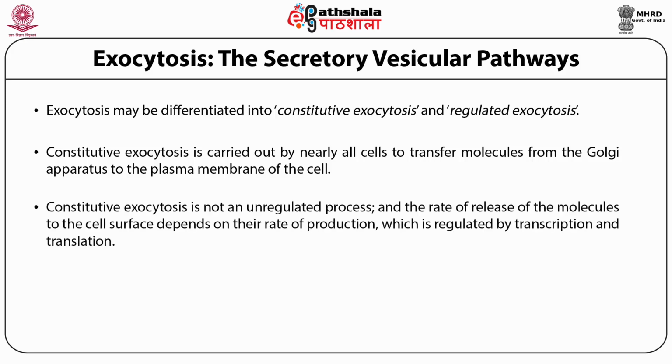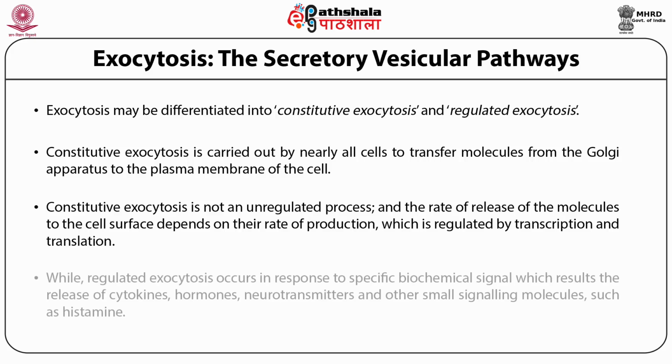Constitutive exocytosis is not an unregulated process, and the rate of release of the molecules to the cell surface depends upon their rate of production, which is basically regulated by transcription and translation processes, while regulated exocytosis occurs in response to a specific biochemical signal, which results in the release of cytokines, hormones, neurotransmitters, and other small signaling molecules such as histamines.